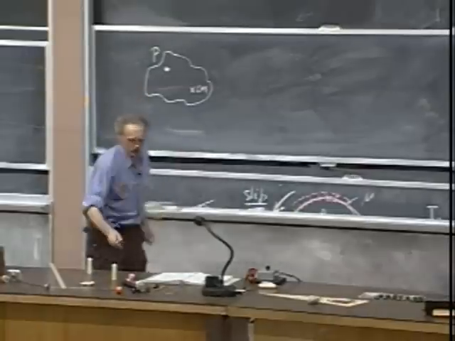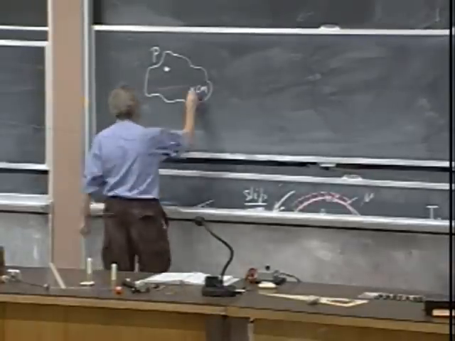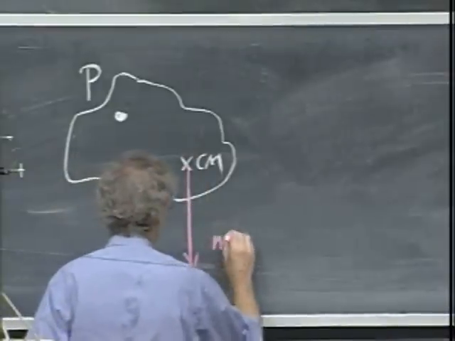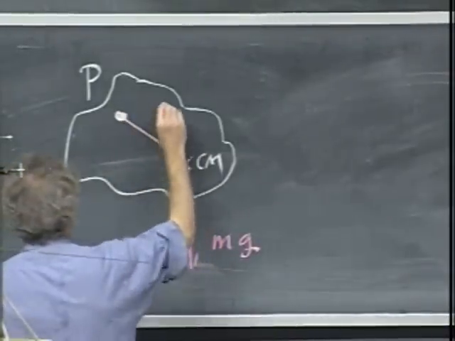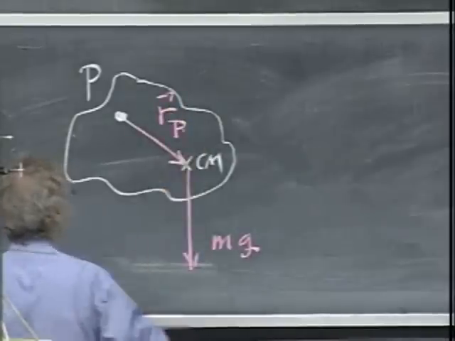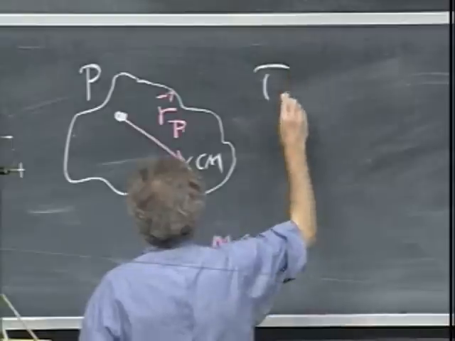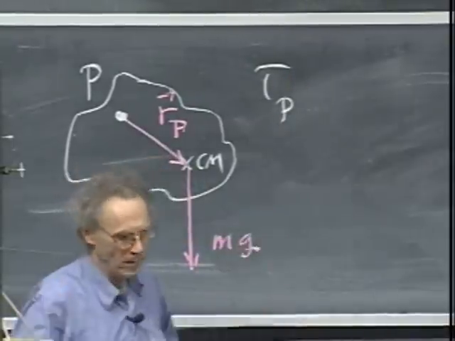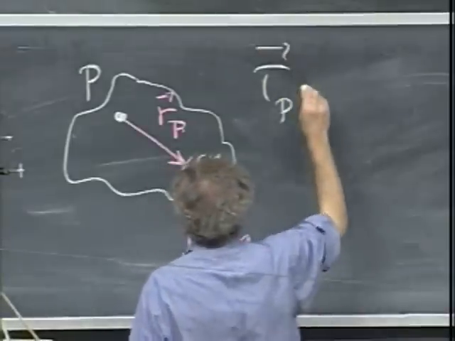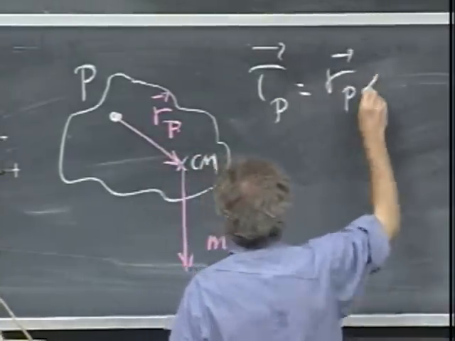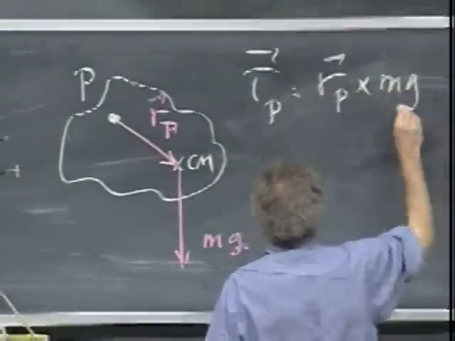and so there is a force. If this object has a mass little m, there is a force mg, and here is the position vector r of p, and so it's clear that there is a torque relative to point P. And if there is a torque relative to point P, it would be Rp cross mg.